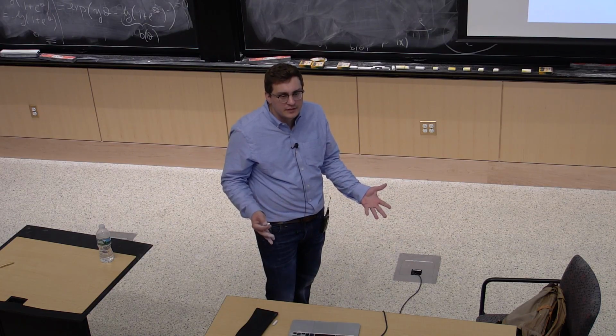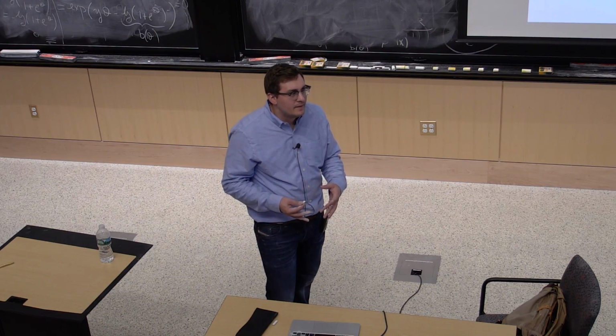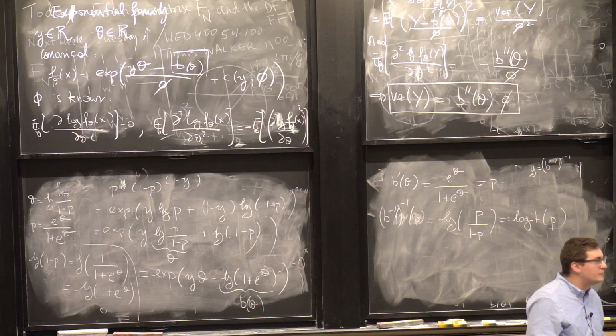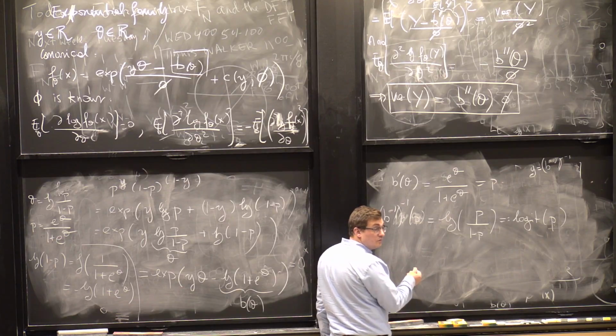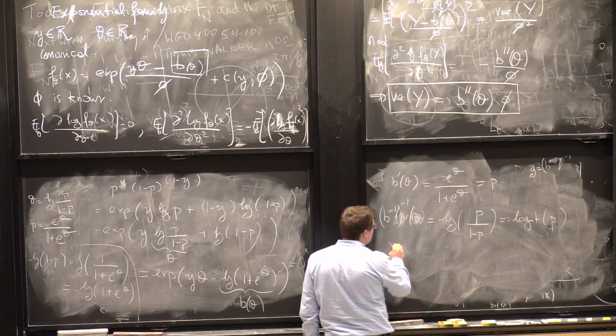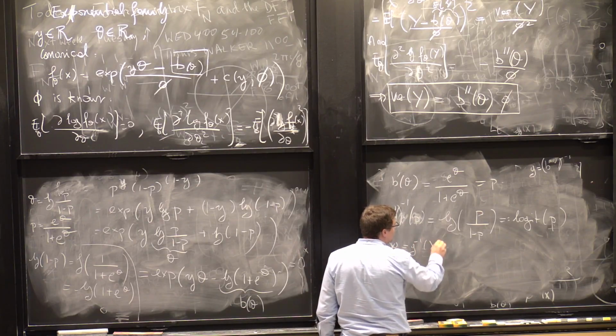Because this actually comes as part of your modeling assumption. You modeled not only the distribution of y, but you also have the fact that mu is modeled as g inverse of X transpose beta.